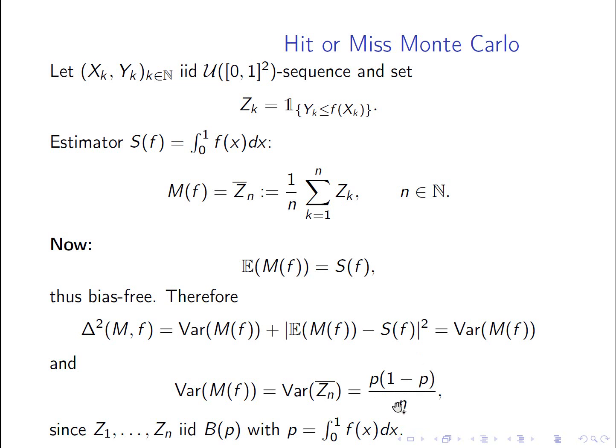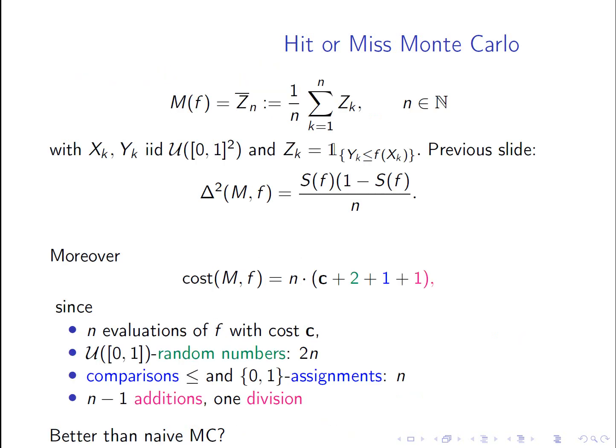So again we have 1 over n for the decay in n, and here we have the variance. And the question is now whether this variance is better than the variance of classical Monte Carlo. So here's a summary, where we just plug in S of f for p.